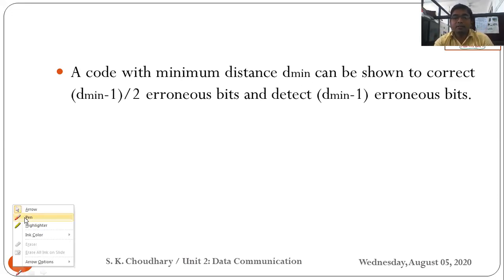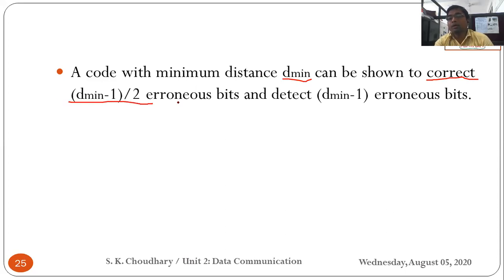It means any code having minimum Hamming distance d-min would be able to correct (d-min minus 1) upon 2 errors included in a code word. And it would also be able to detect d-min minus 1 error bits present in a code word. So this is the correcting and detecting capability of the code.